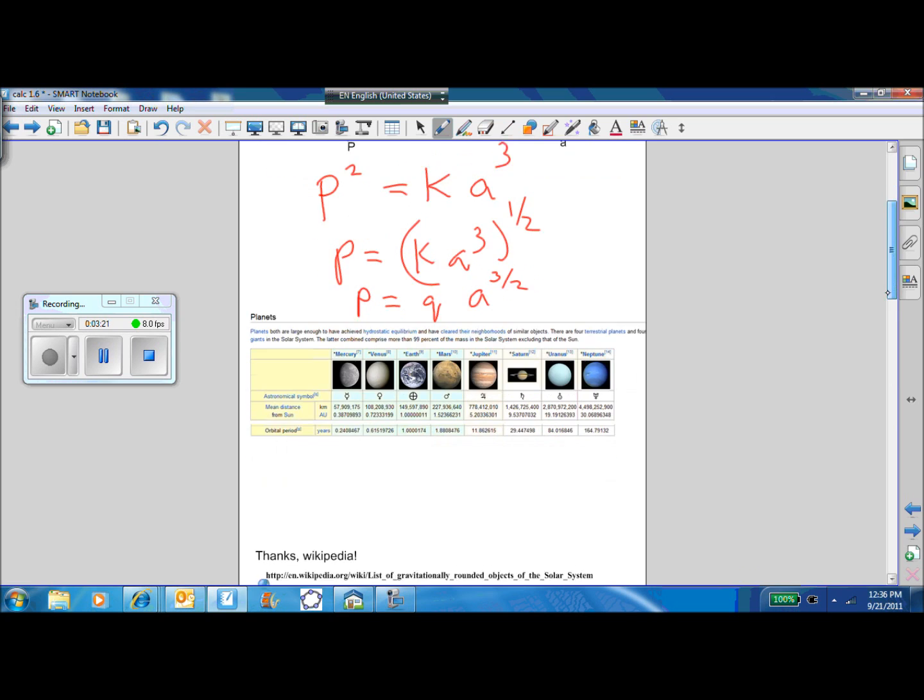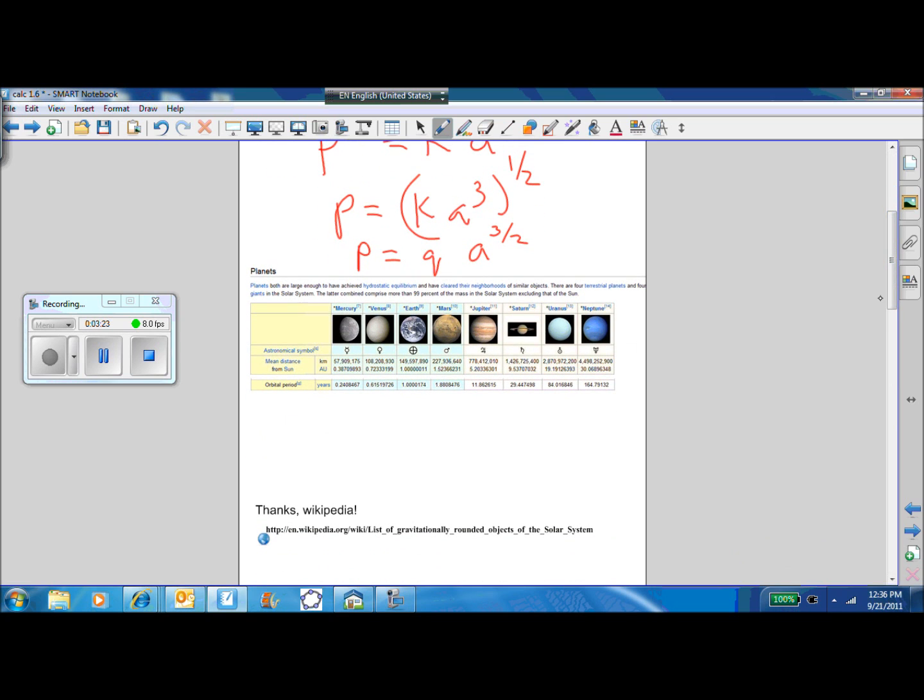Now let's actually come up with an equation from some data I got off of Wikipedia as well. And let's conveniently use Earth and astronomical units. So we're going to have the period in years. So this is P here. And the mean distance from the sun, A, in astronomical units, AUs, which is basically the distance from the Earth to the sun. And notice how both those are the same. So P equals Q times a to the 3/2.